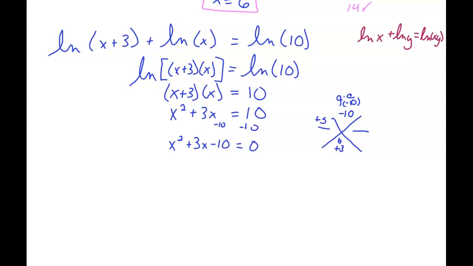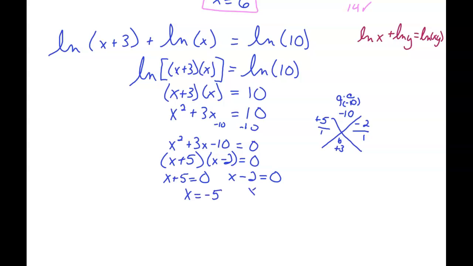So that will be a positive 5 and a negative 2. And we divide by our a, which is 1. So I would get x plus 5 times x minus 2 equal to 0. I would set each of those factors equal to 0 using the zero product property. And I would get that x is equal to negative 5 and x is equal to positive 2.